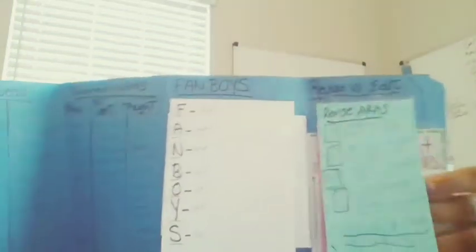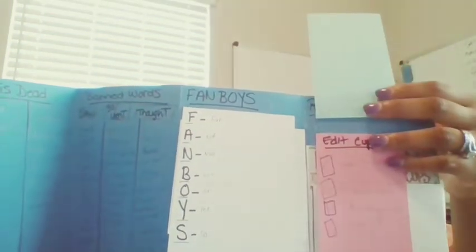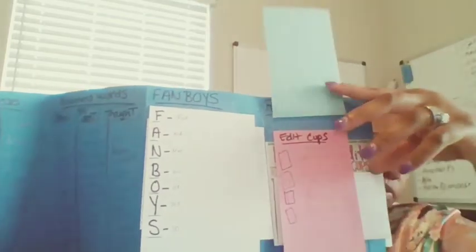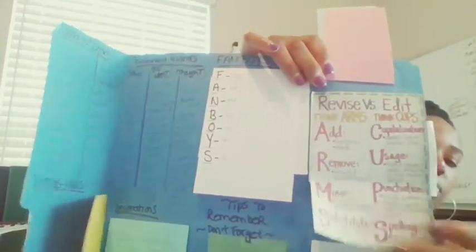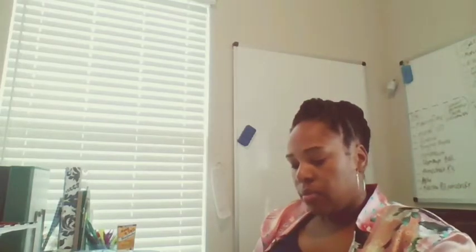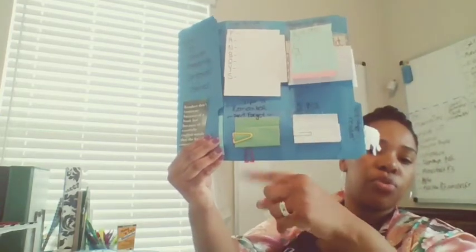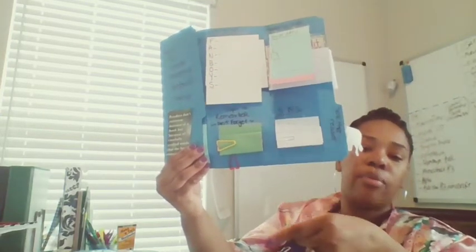Some acronyms for revise and some acronyms for edit. And these here, once I take the paper clips out, they just fold out. Okay, we just roll it back up. They fold out and we roll it back up.